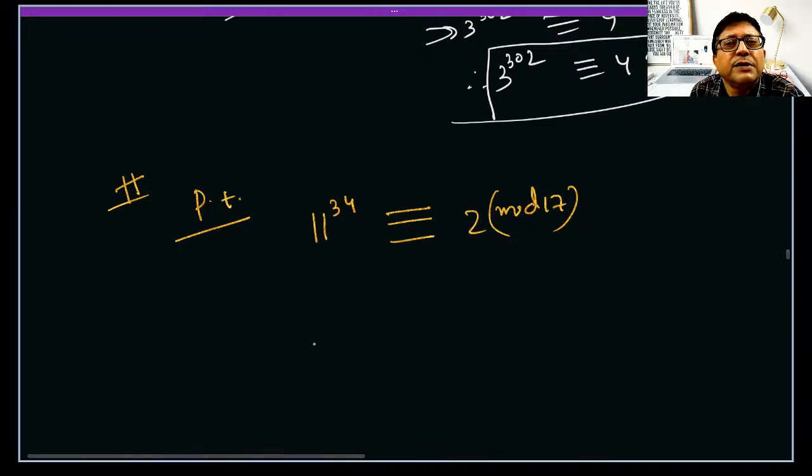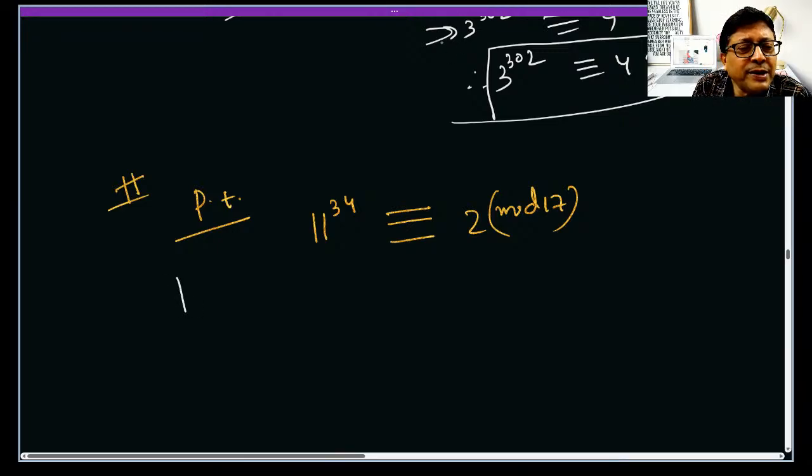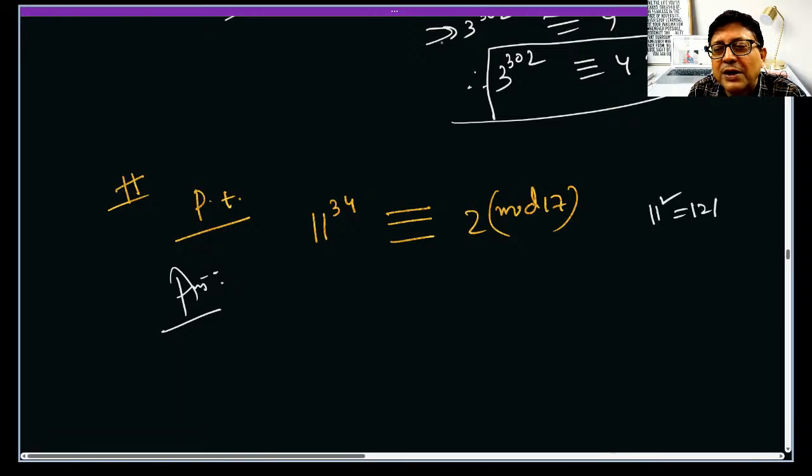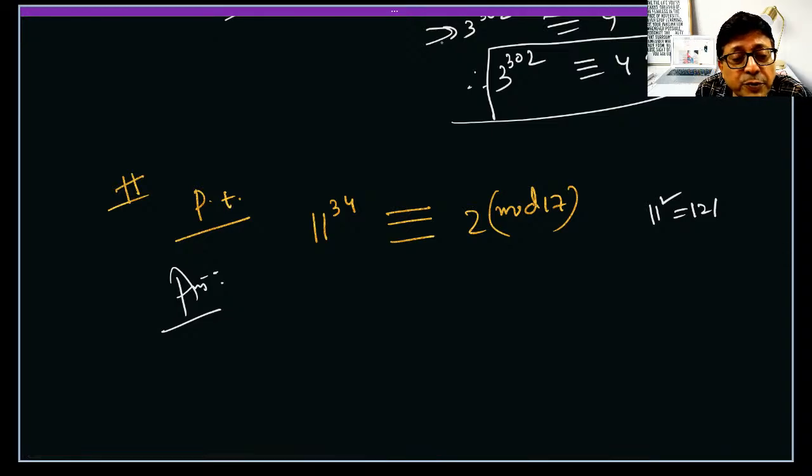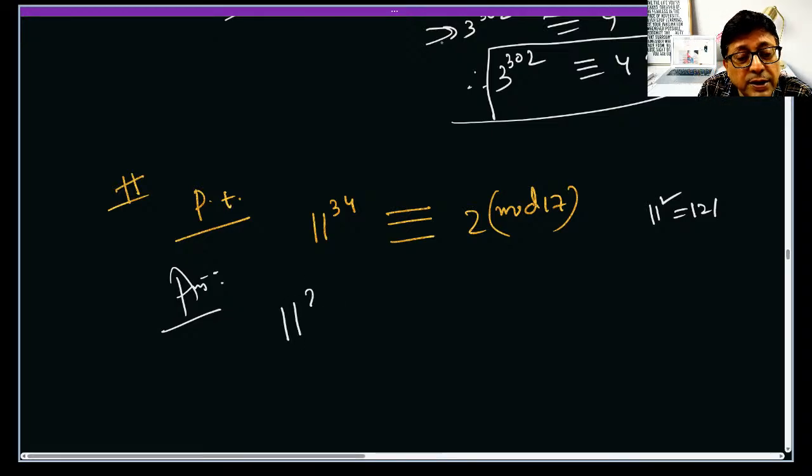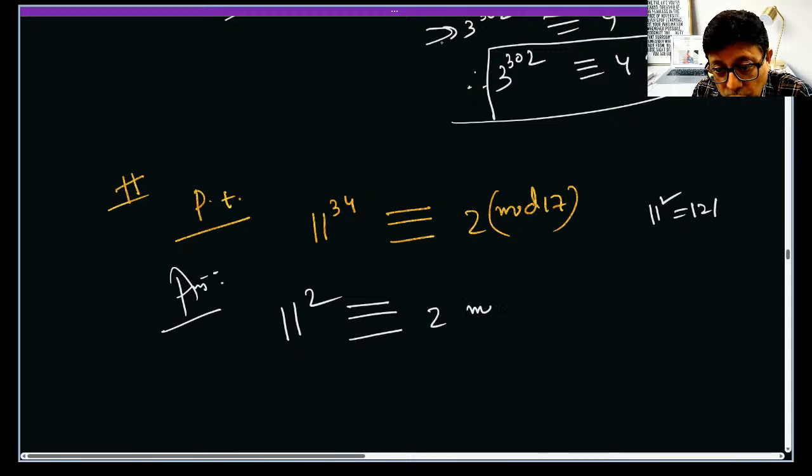11 and 17. What is the gap over there? 6. 11 square is how much? If you divide by 17, what's the result? 7 into 17, 119. Let us approach with this. 11 square is congruent with what? 2 mod 17.